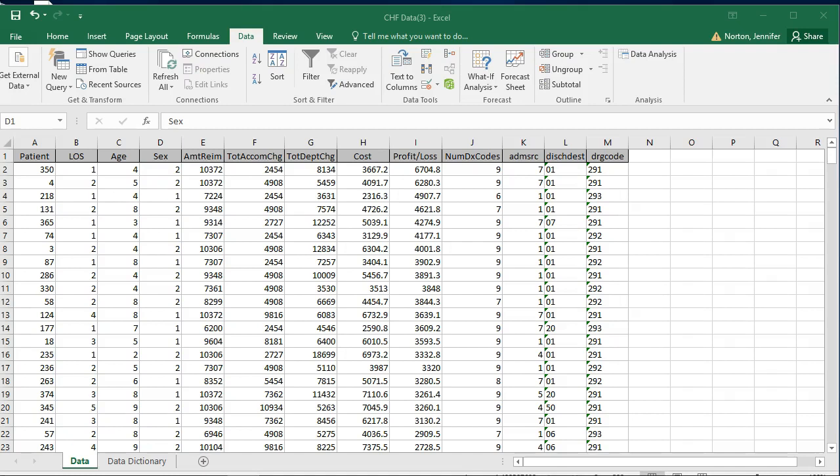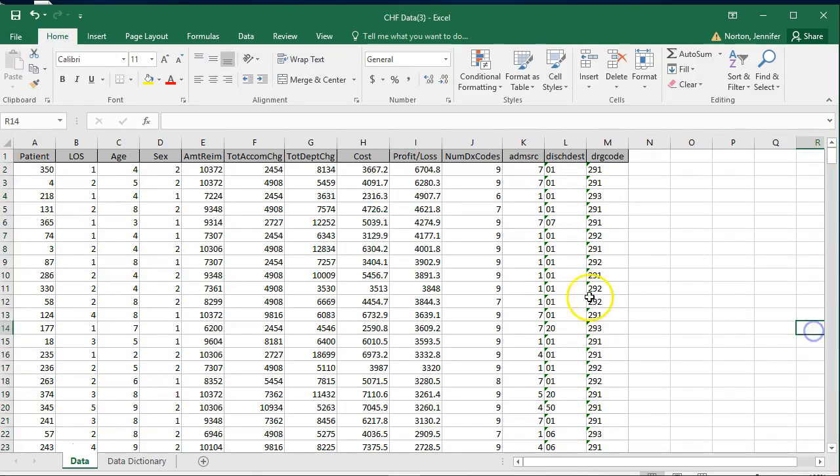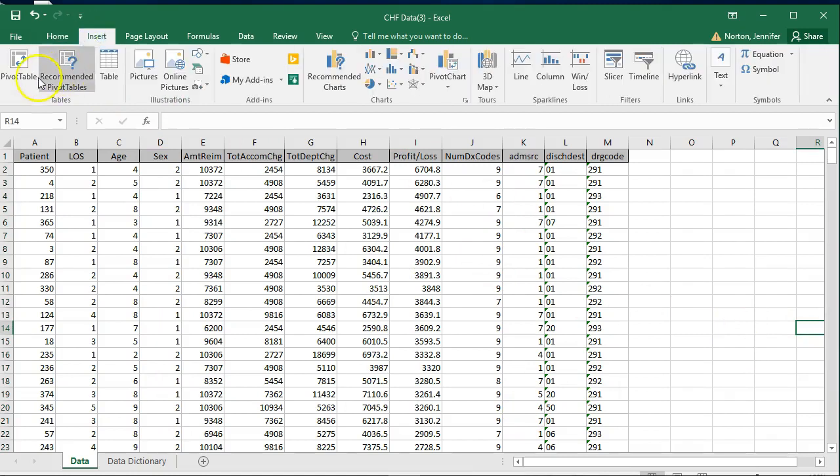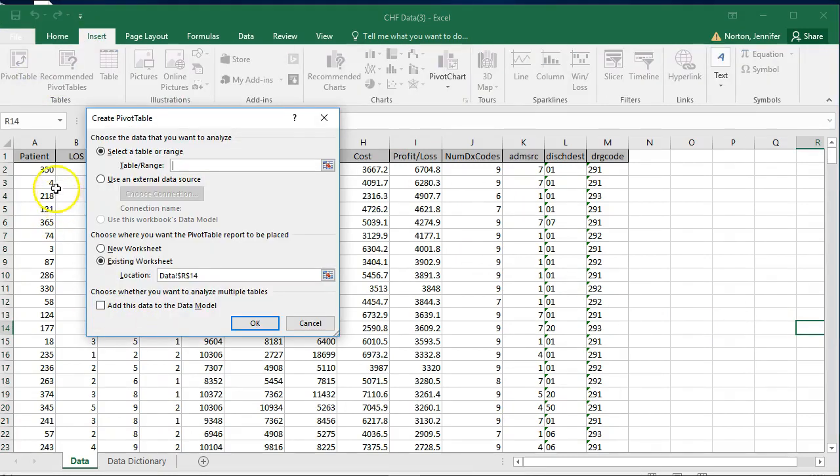So here is what we want to do, which is kind of twofold. We want to go to the HCUP website and pull some data from there to use in a table to make some comparisons. So the first thing we're going to do is insert a pivot table.